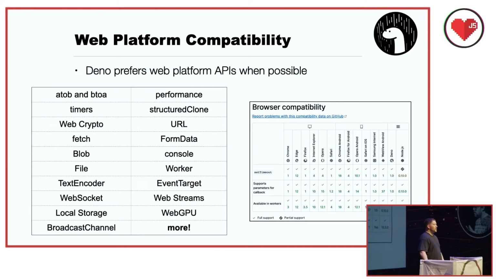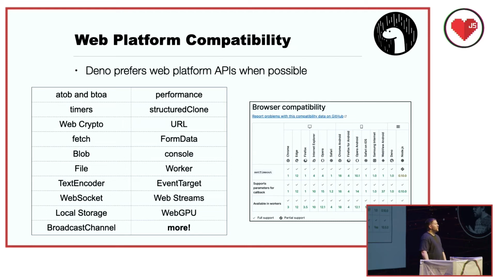On the note about web platform compatibility, as I said, Deno does prefer to use web platform APIs wherever possible. I have a table here that shows a number of the APIs that are supported. There are even more than this, but they wouldn't fit nicely on a slide. Deno is also listed in the Mozilla MDN browser compatibility tables.